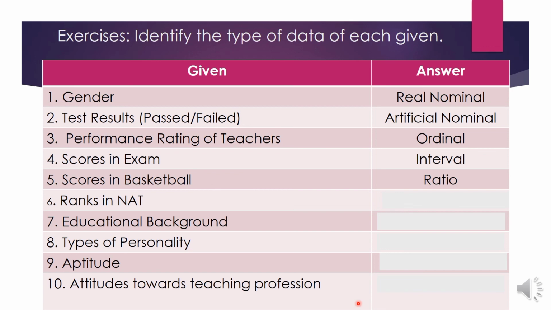National Achievement Test. Ordinal. Educational background, elementary, secondary, or tertiary. Ordinal. Types of personality.